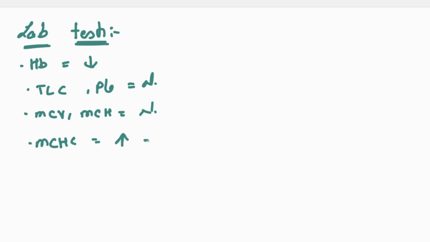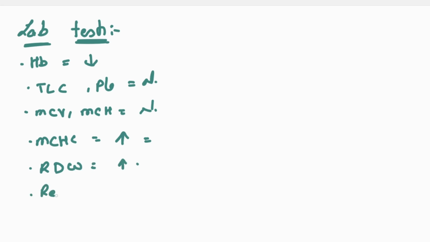Will be increased because of dehydration, which leads to the water and potassium loss. And RBC distribution width will also get increased, and reticulocytes will also increase, but in aplastic crisis they decrease.